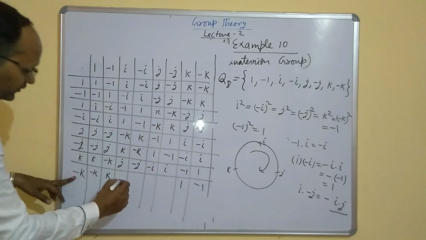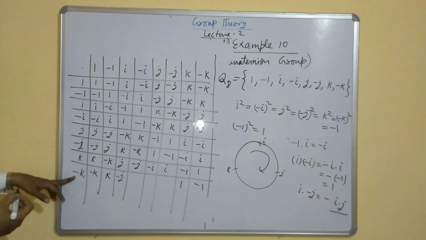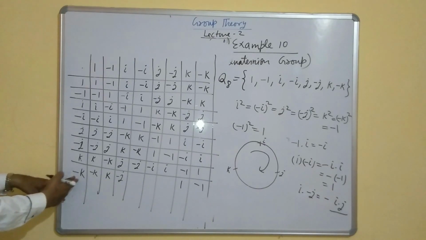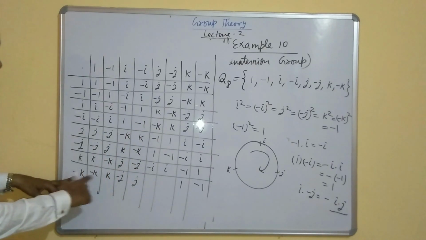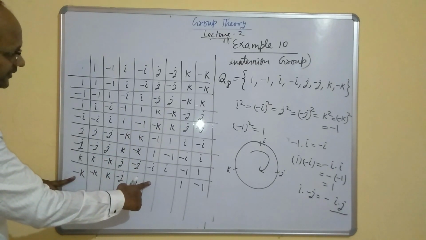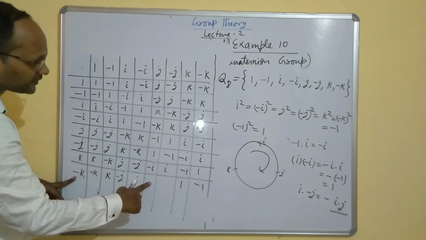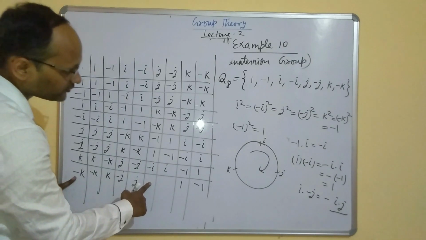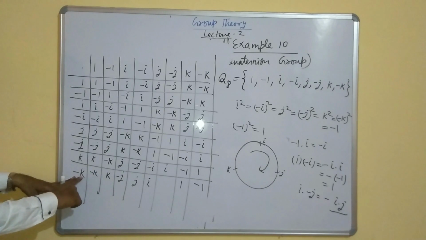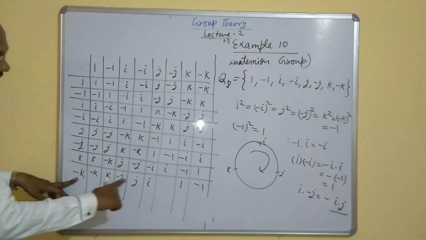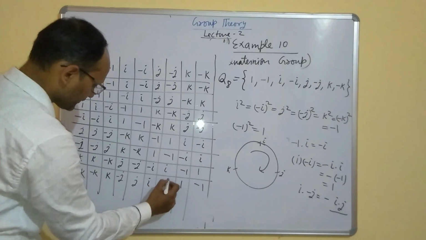So k into i is j, so you are getting minus j, and then this is minus i, so it is j, and minus k into j, so k into j is minus i, so you will get i here, and k into minus j is minus i here.